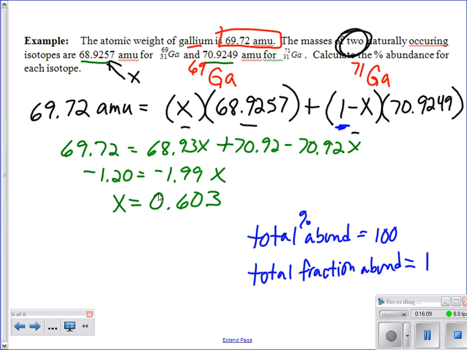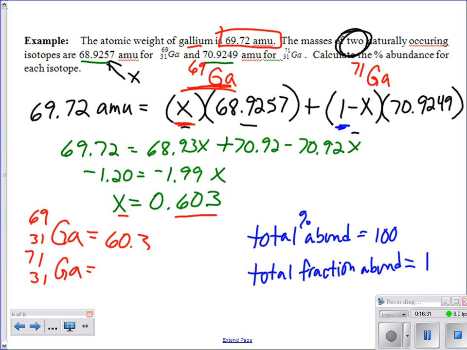So instead, what you should be saying is your gallium 69 and your gallium 71. So we've got these two isotopes. Remember, when we calculated x, x was for gallium 69. So gallium 69, the percent abundance, we need to multiply that times 100, and we get 60.3%.